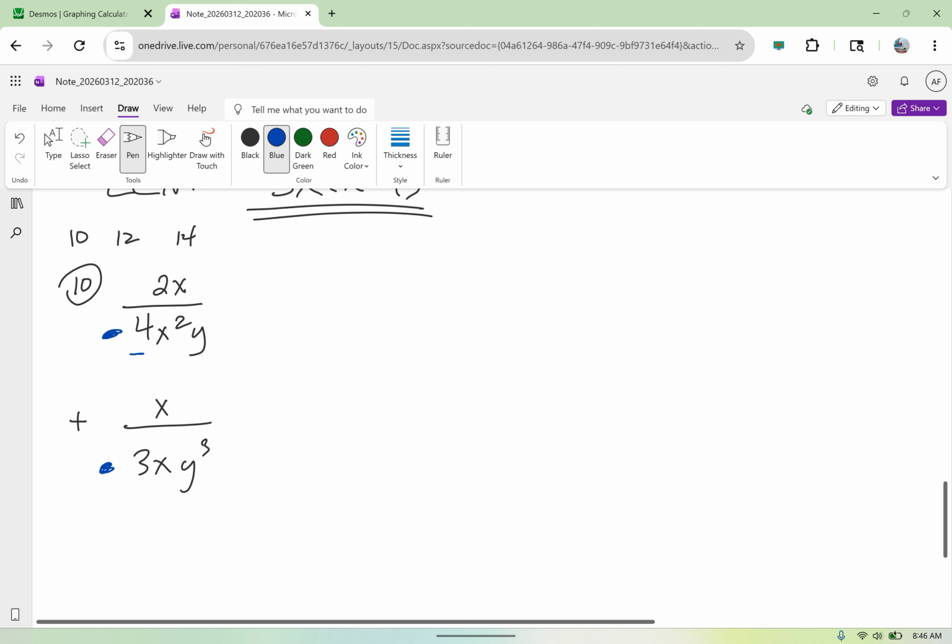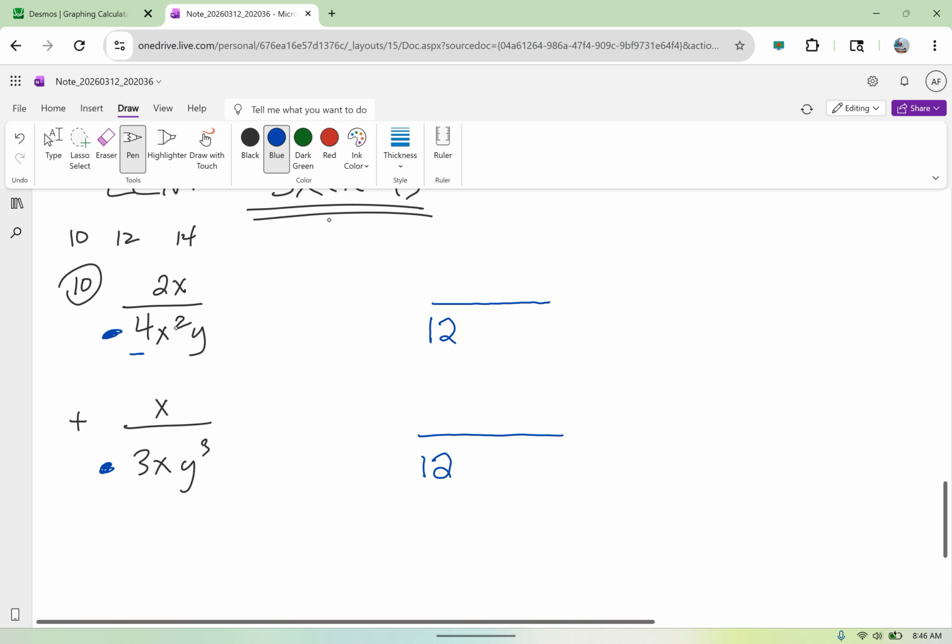So, coming out here to the side, what needs to be true? The 4 and the 3 are going to multiply to be 12. Right now I'm working on my lowest common multiple to rewrite with the same denominator.